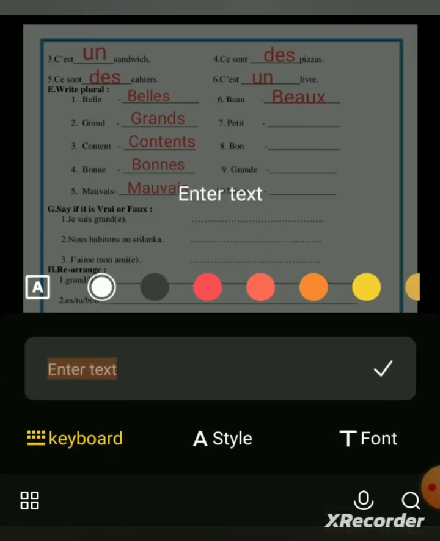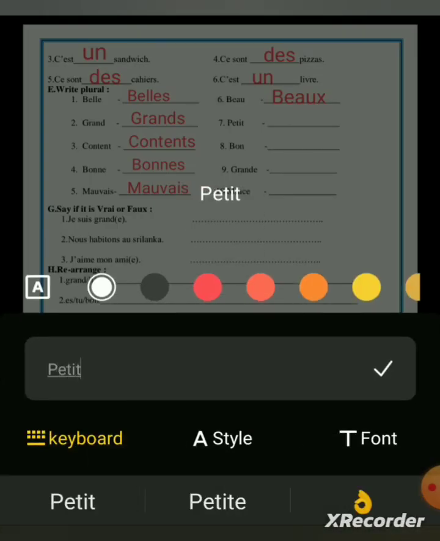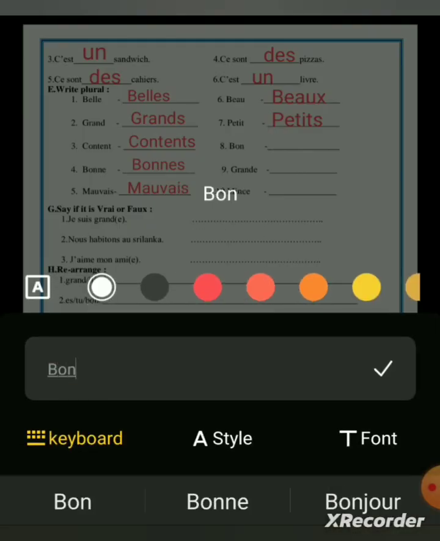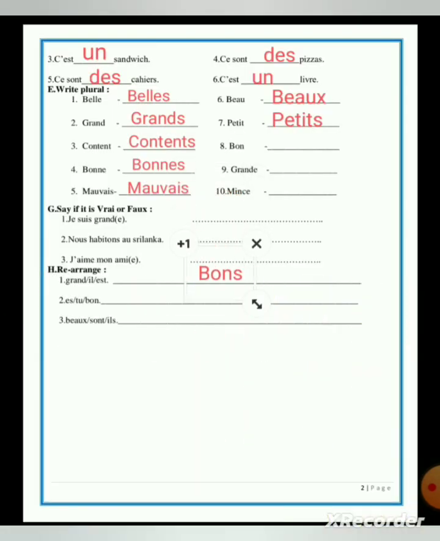So it's very easy to make its plural. You will add S at the end. In this way, try 8, 9, 10 yourself. In number 8, B-O-N, bon means good. This is in masculine form and you will add S at the end for making its plural.